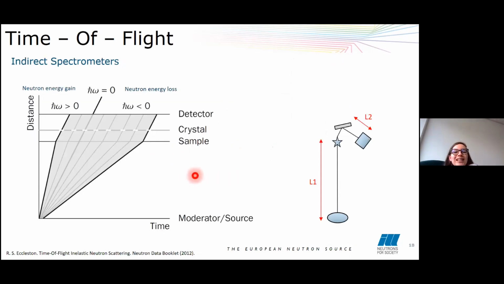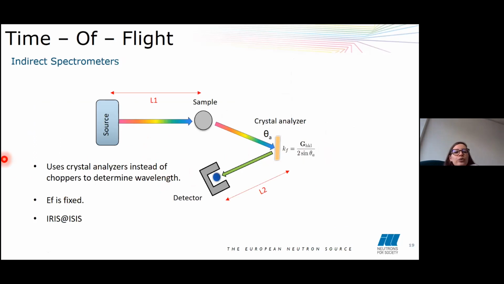Now going to indirect geometry spectrometers, they offer, as I said, access to a wide range of neutron energy loss. And here we use crystal analysis to determine the beam wavelength, and the final energy is fixed.